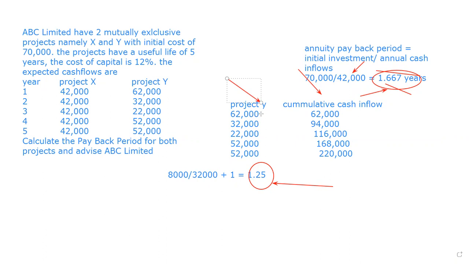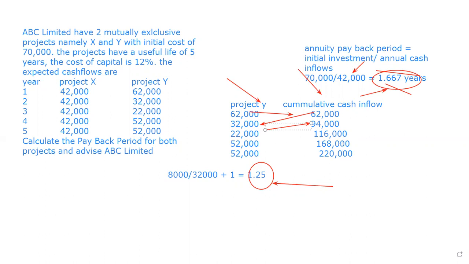Our first year cumulative cash flow was 62,000. From this, you add the next cash inflow, which is 32,000, and it will give you 94,000. Then you add 22 to get 116, then 52 to get 168.